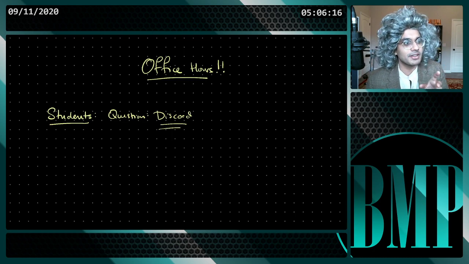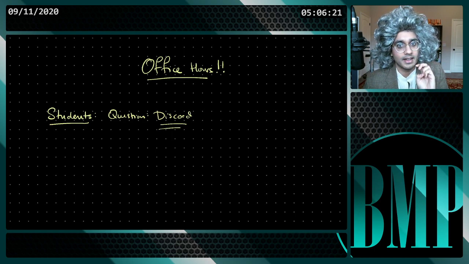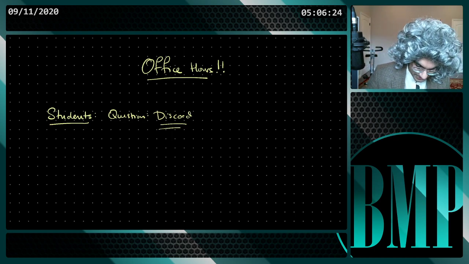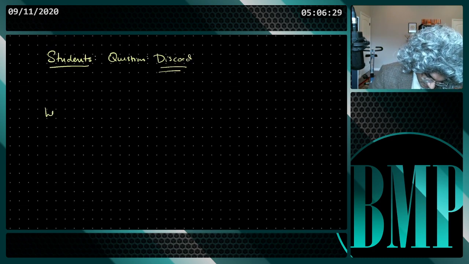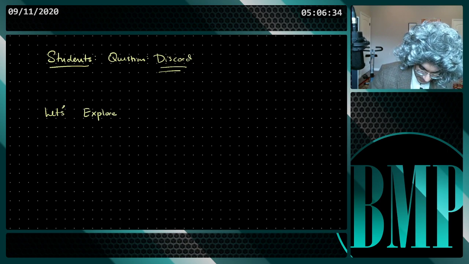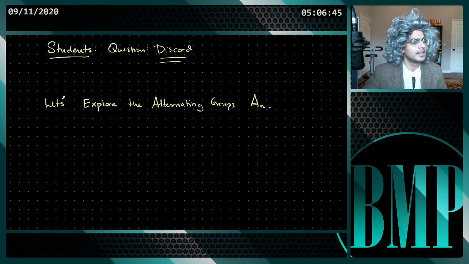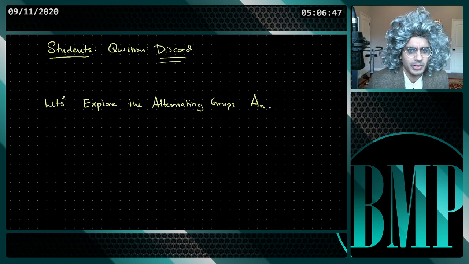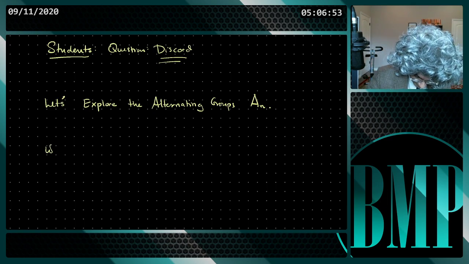If there are no specific questions, how about together, you on Discord or in chat and me, let's start exploring the alternating groups. Okay, so let's do that. Let's just explore the alternating groups. All right. So why not start with n equals 2?